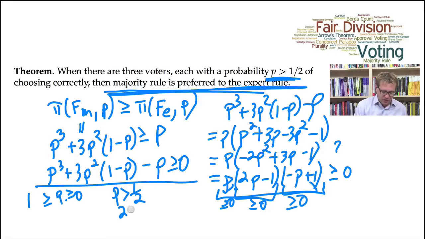Why is that? Well, 2p has to be greater than 1, so 2p minus 1 has to be greater than 0. So since each of these factors in the product is greater than or equal to 0, the product is greater than or equal to 0. So we're able to verify that the majority rule has a probability of getting the answer correct that's at least as high as the expert rule of getting the answer correct.